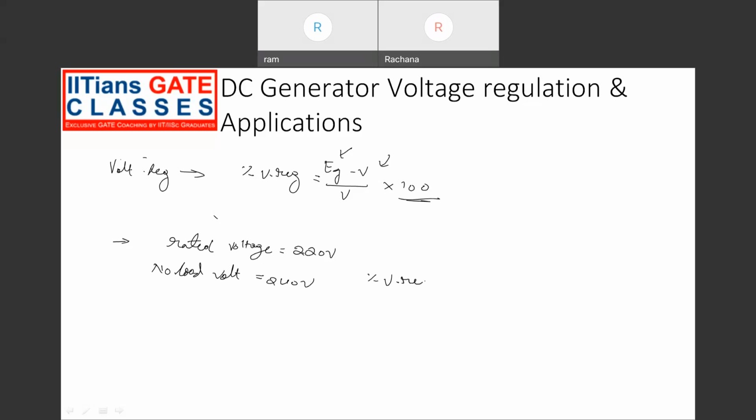Find the percentage voltage regulation. The induced voltage EG is the no load voltage, that is 240, minus the rated voltage 220, by 220, into 100.